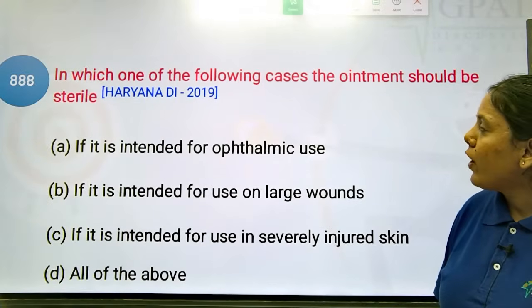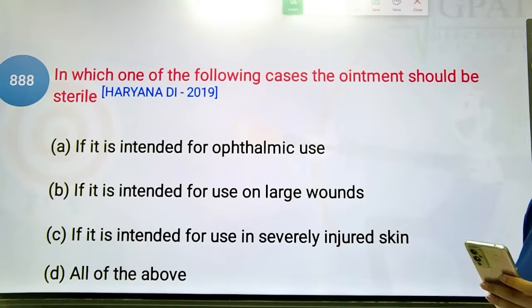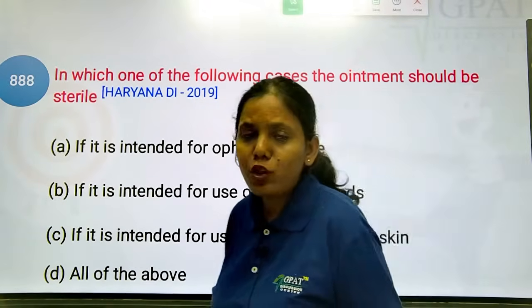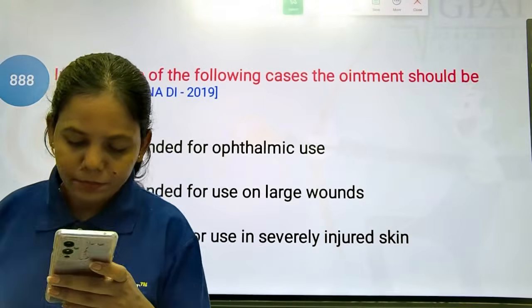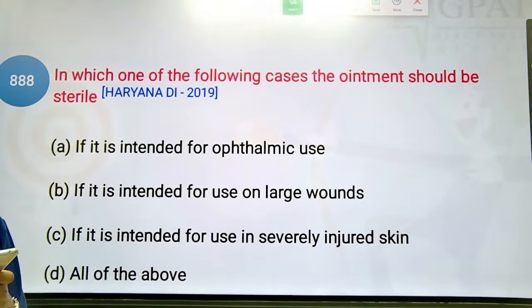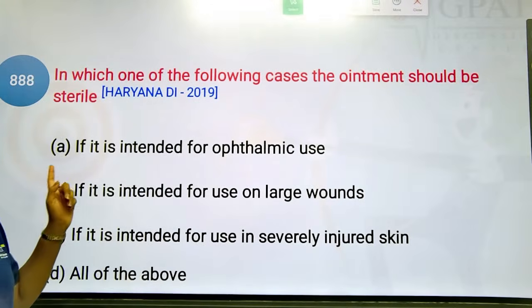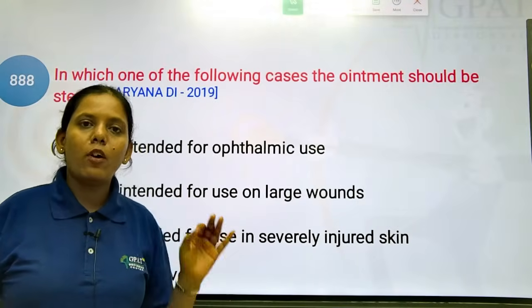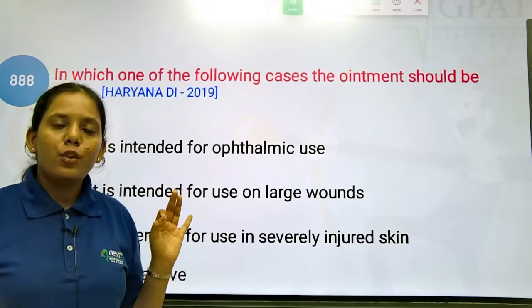Next is, in which one of the following cases should an ointment be sterile? Where do you think that ointment should be sterile? If it is intended for ophthalmic use, not only ointment, any dosage form for ophthalmic use should be sterile.